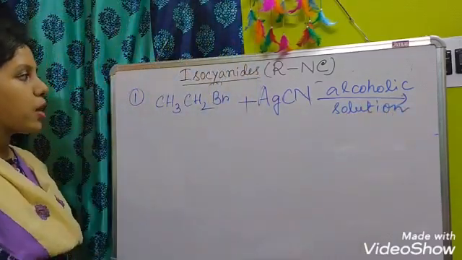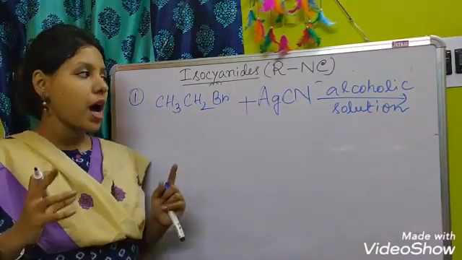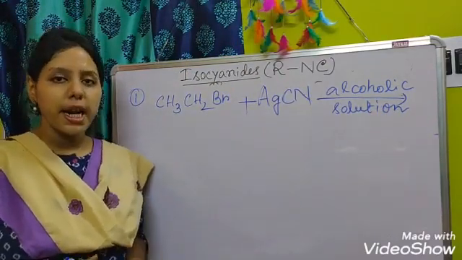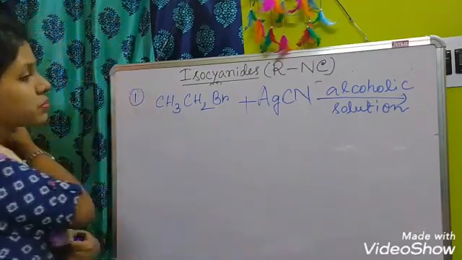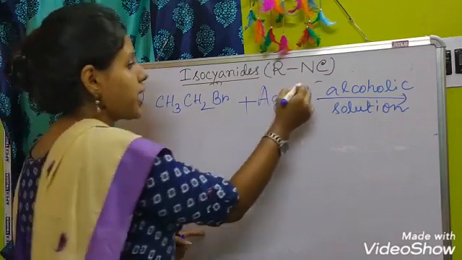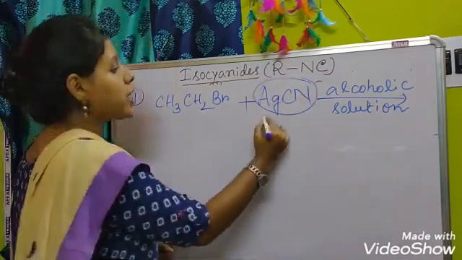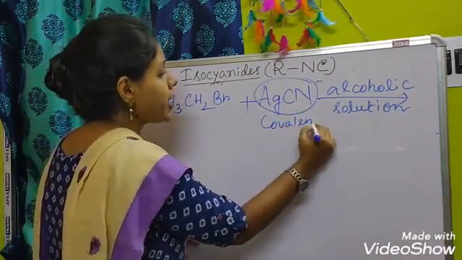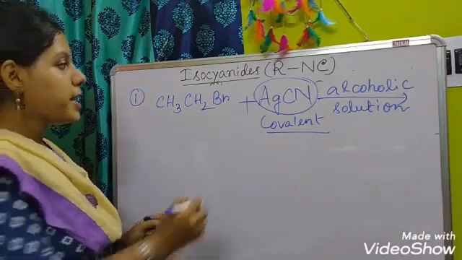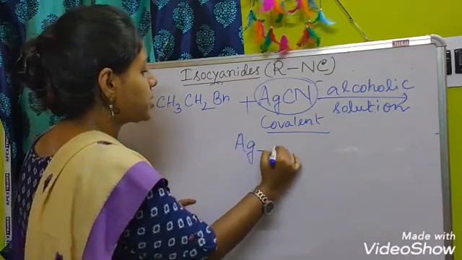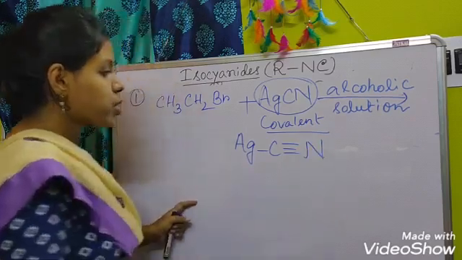Okay, so what will happen now? Now this reaction will undergo SN1 type mechanism. Okay, SN1 type mechanism will take place here. So first of all, this compound, that is silver cyanide, it is totally a covalent type compound. Okay, so here Ag single bond carbon, triple bond nitrogen.